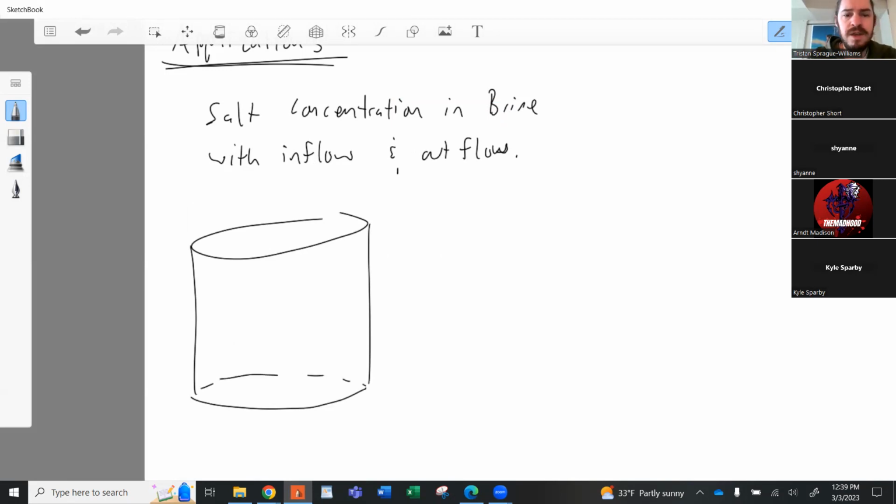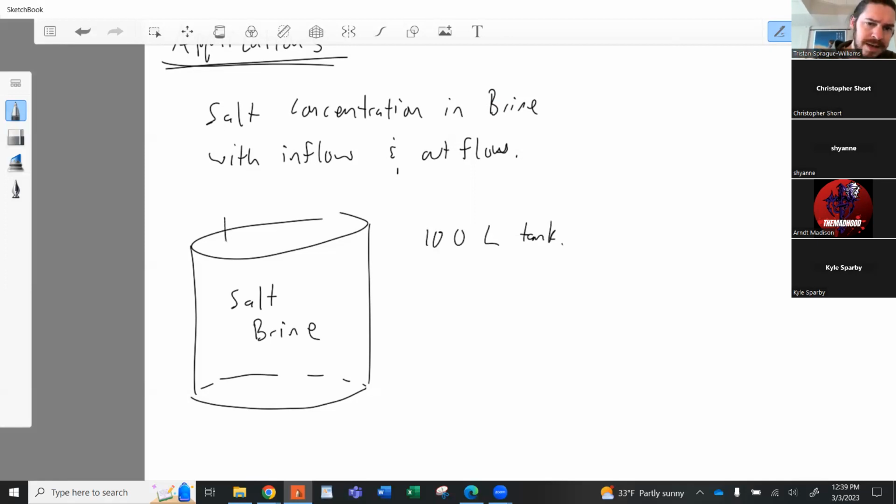So this is a tank. It's got some fluid in it. We have salt brine, which is basically just a salt and water solution. This is going to be a 100-liter tank. And we've got inflow and outflow.